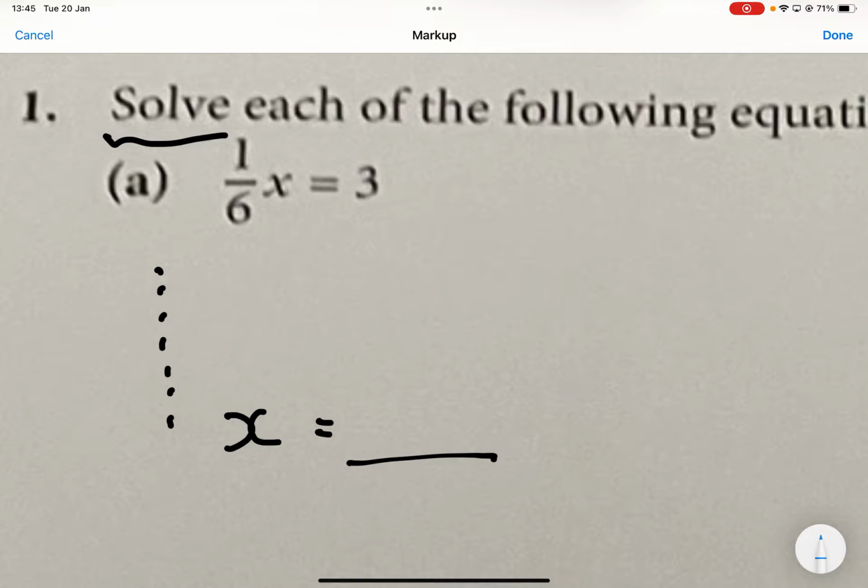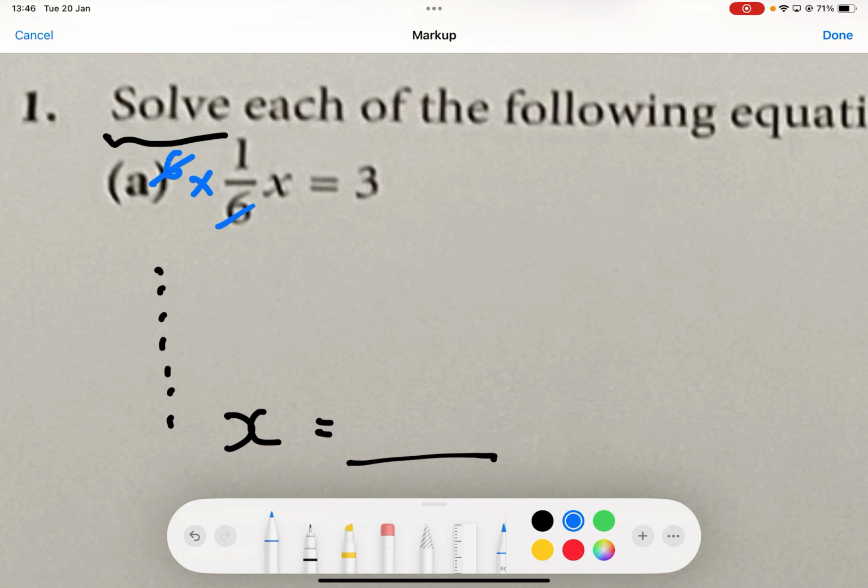So, I want to multiply 6 to the left, because my 6 will cancel away the 6. Okay? So I choose this 6 to multiply because on the left I want to make it 1x.